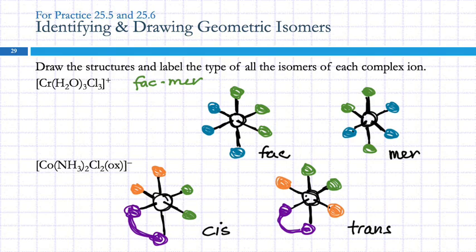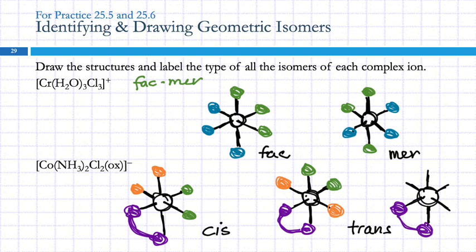Is this the same as the one I drew? No, what's different? Now the oranges are next to each other and the greens are across from each other. So apparently there's a third one. So again, we'll leave oxalate down here.